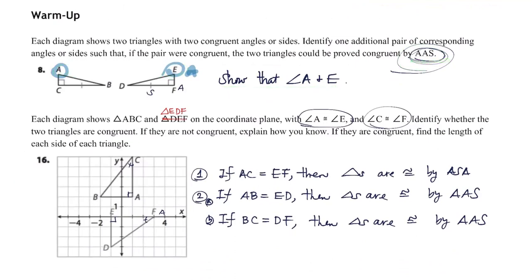And in this particular case, if we have AC and EF, then triangles are congruent by angle side angle. And if we had AB equal to ED, then it will be congruent by angle side, right? And so on and so forth, right?